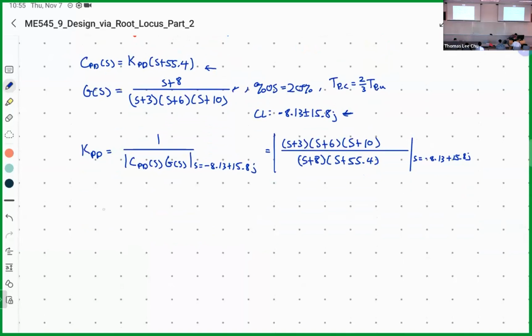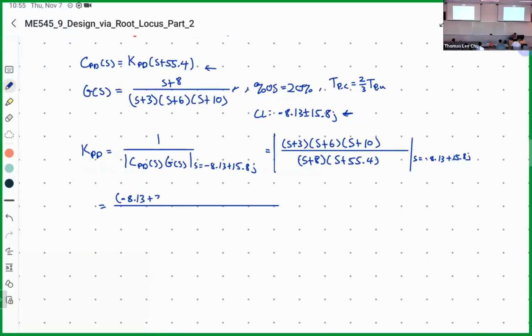So then if I work out long division, or not long division, but I need a lot of space, I plug in S and I get minus 8.13. And I'm going to separate the real and imaginary components here.